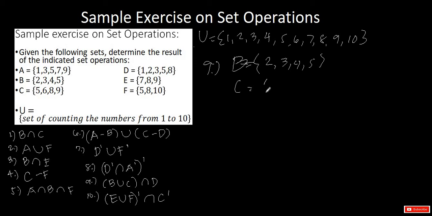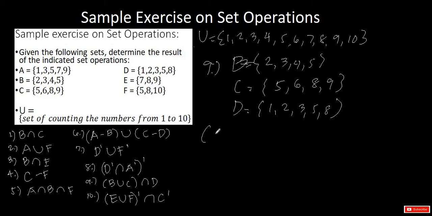Set C containing the elements 5, 6, 8, and 9. And set D containing the elements 1, 2, 3, 5, and 8. The given problem is to take the union of B and C, then intersect it with set D.